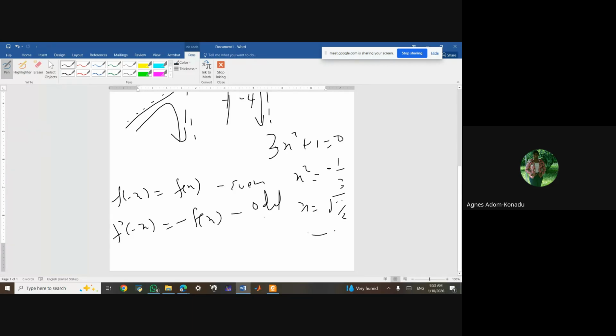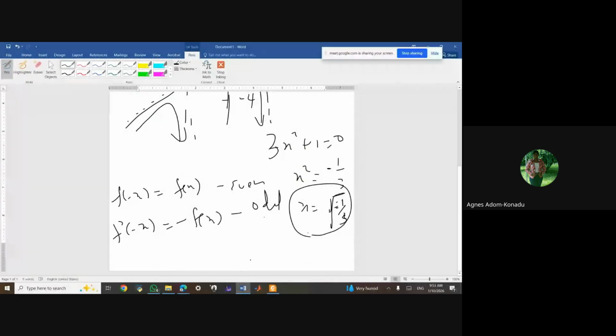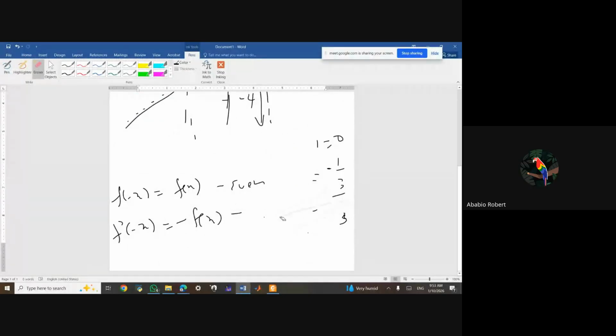This is not real, and we are in the real plane. So it means that we have no vertical asymptotes. Do you get it?